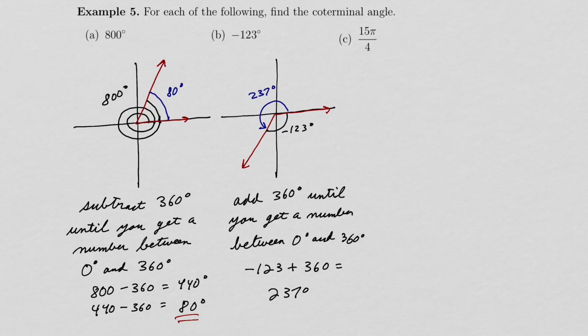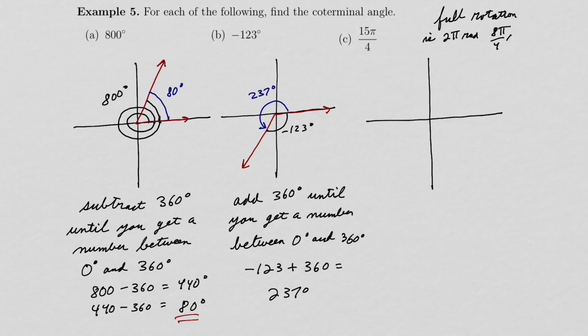We could do the same thing with radians too, right? So if my original angle in radians was 15/4 pi. Now, to figure this out, remember that a full rotation is 2 pi radians. Or because I'm dealing with fourths here, it's the same as 8 pi over 4 radians.